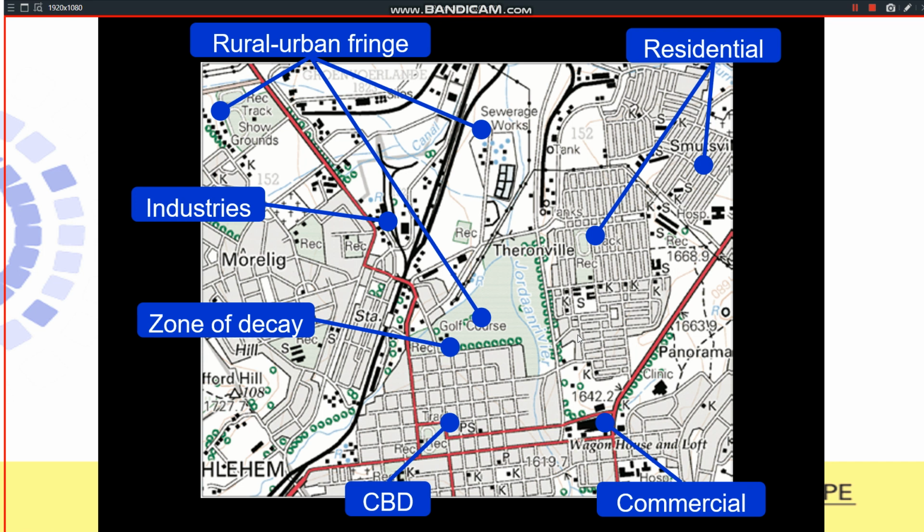Please look at them carefully and then apply this. Look in your textbooks for a topographical map and see whether you can apply and identify all your land use zones on the topo sheet by looking at this specific slide.